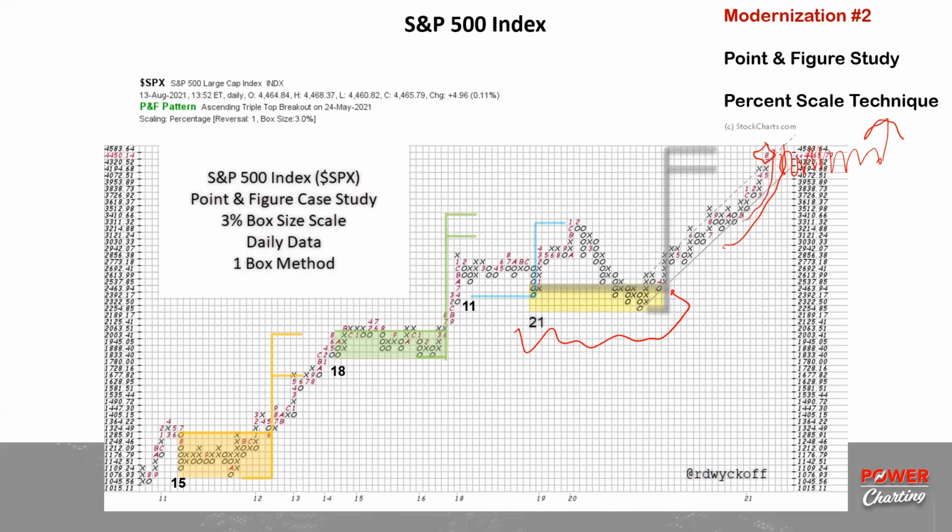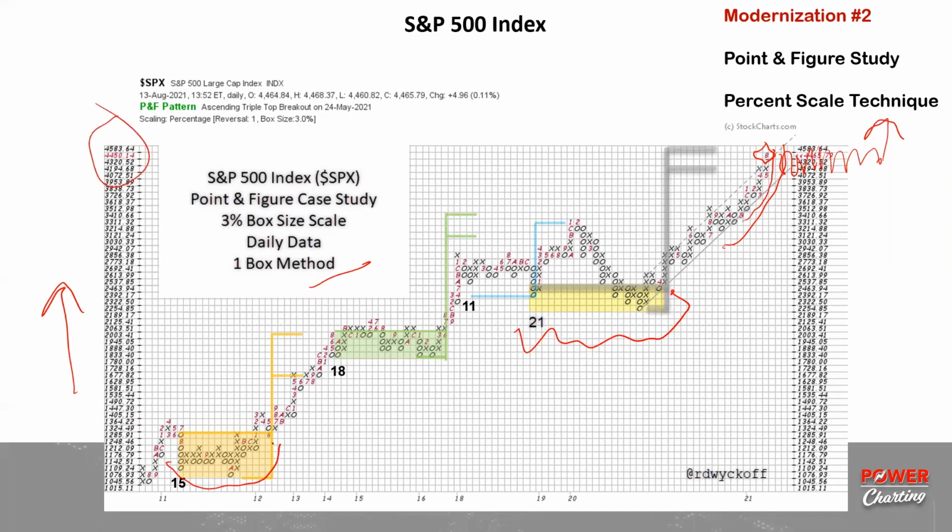So these can go on and on. And so we will have to just see what happens and let the market tell us when it's finally getting tired. But look at these counts going back to 2011. This is one box method and 3% scaling. You can only do percent scaling when you have a computer, and then you really need to be able to do compounding if your counts go outside of the range of the chart.